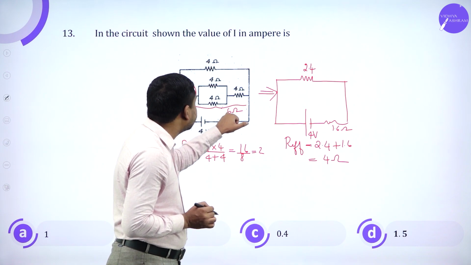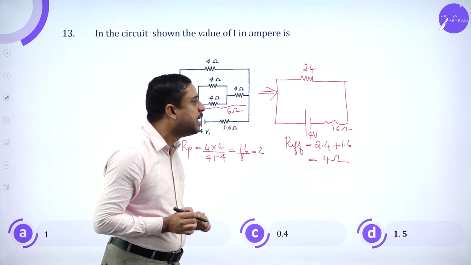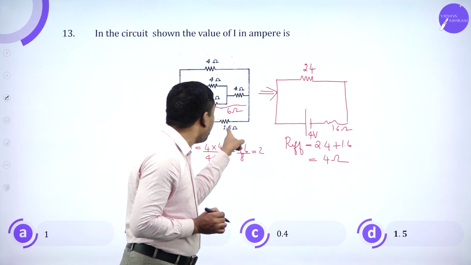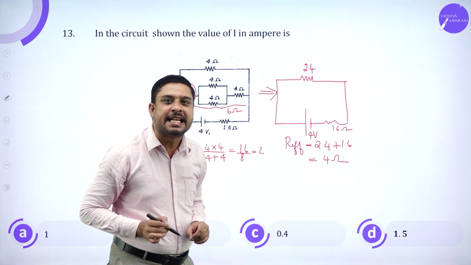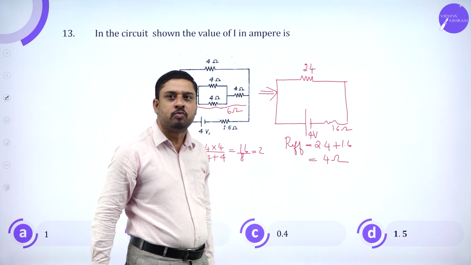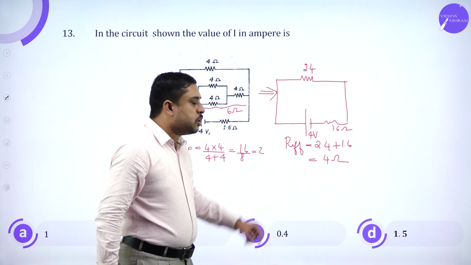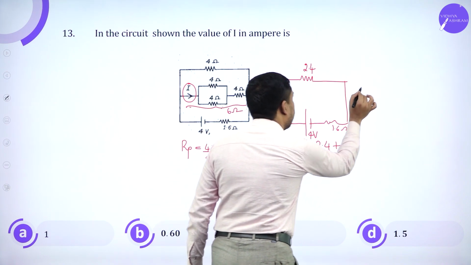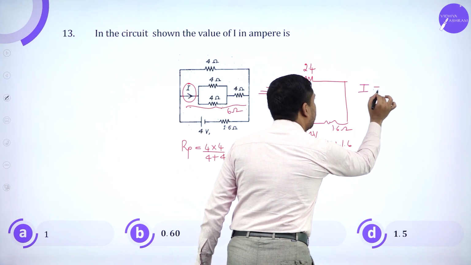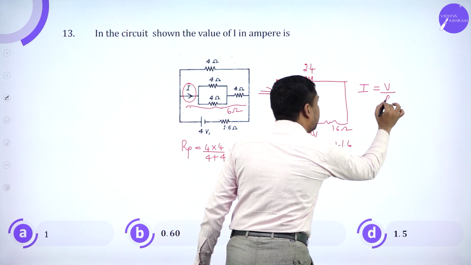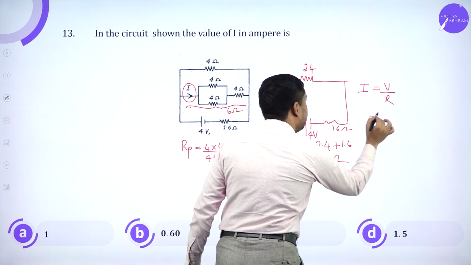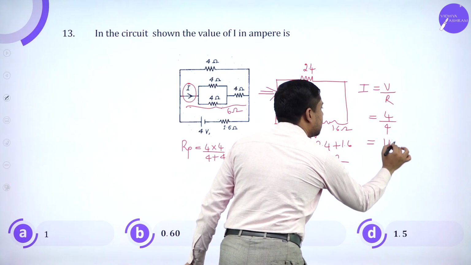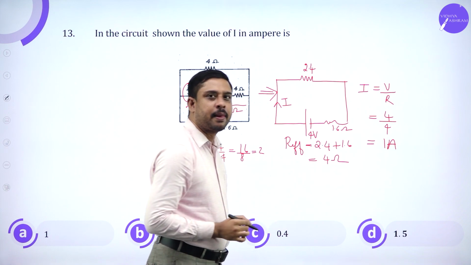4 and 6 are in parallel. So you get 2.4. 2.4 and 1.6 are in series, 4 ohms. So the main current here, I will be equal to V by R. V is 4, R is 4, which is 1 ampere.